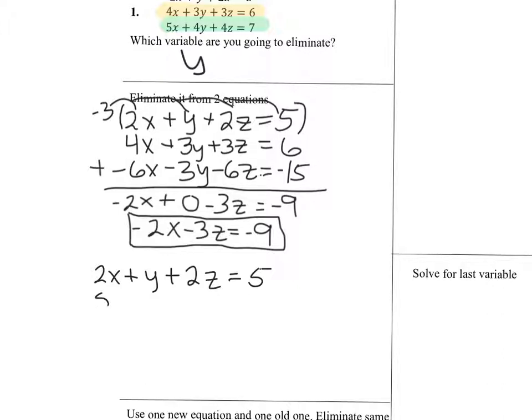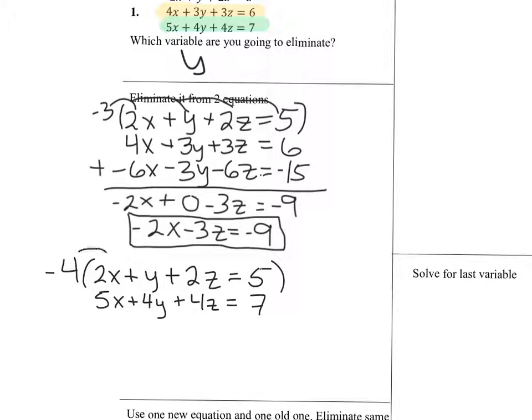So I have my 5x plus 4y plus 4z equals 7. Now, looking at this right here, like I keep saying, we need the same number but different sign. And of course, for this y, we need to do something to it. So we're going to multiply it by a 4. And not only a 4, but a negative 4, because that way they'll be opposite signs.